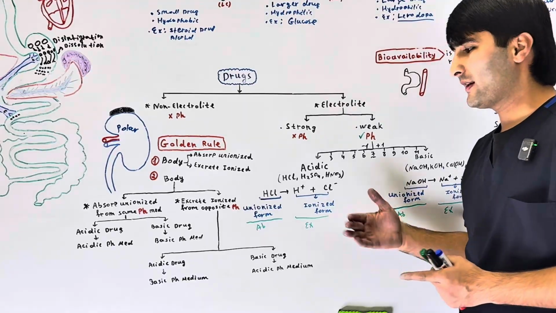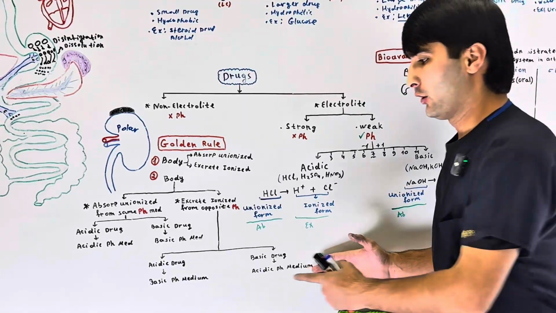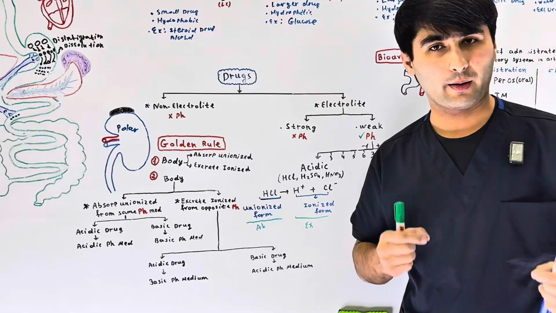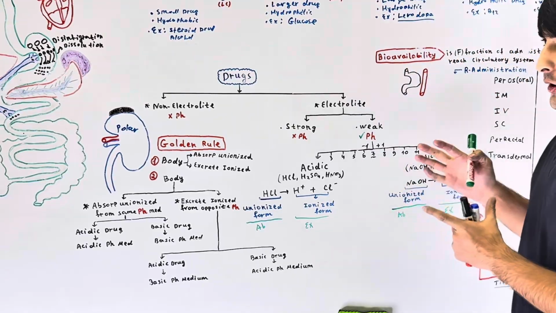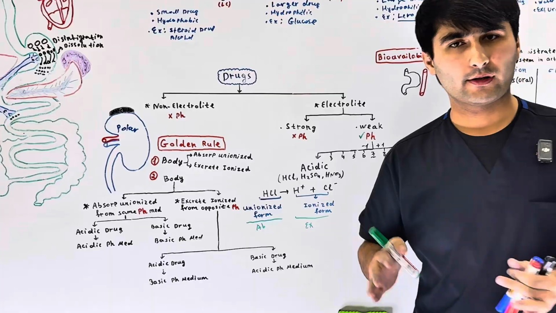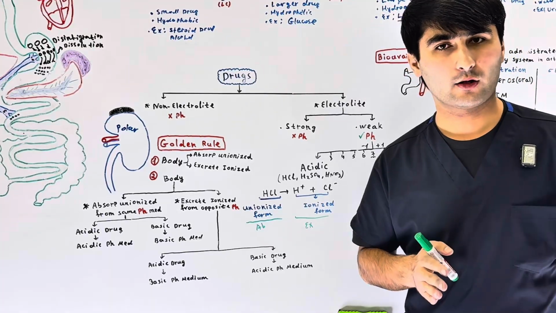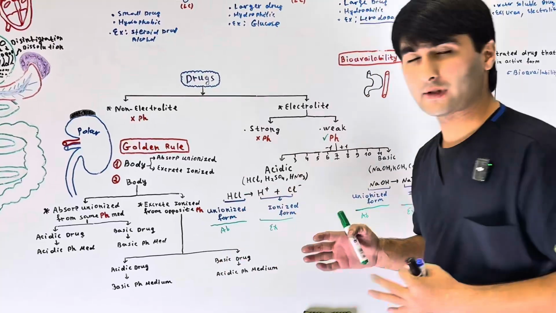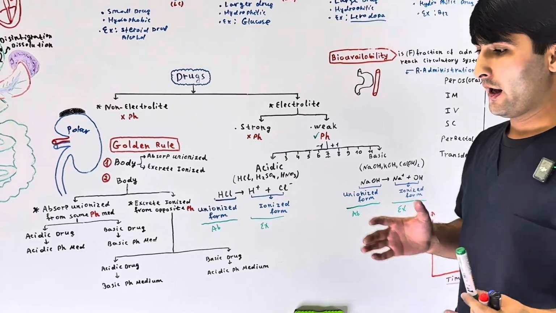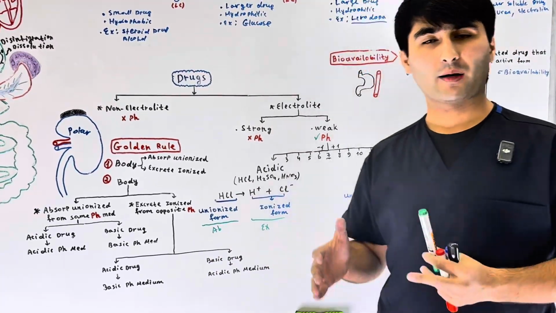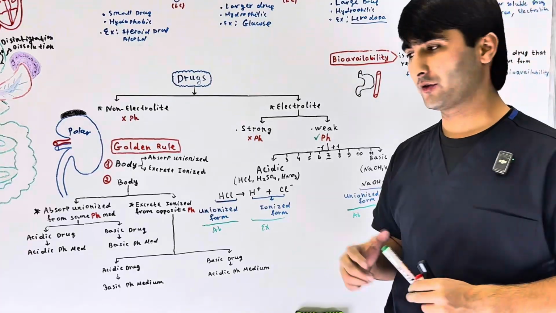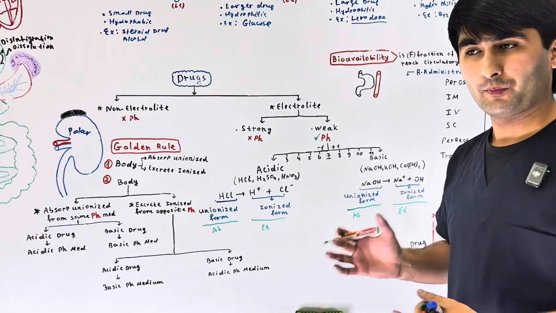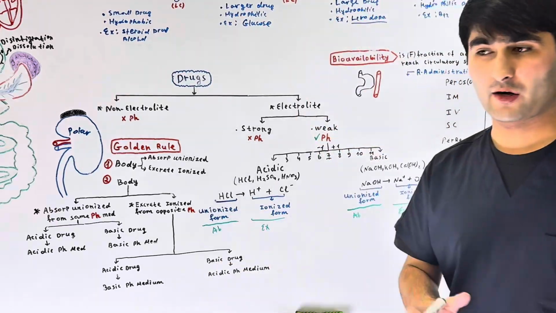So what does it mean? Why am I explaining this to you? Because in the beginning of the lecture I promised to explain this topic with a simplified concept and clinical correlation. So how is it connected with the clinic? If the patient comes with drug poisoning, for example poisoning with an acidic drug.